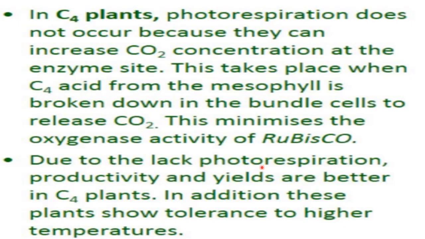Due to the lack of photorespiration, productivity and yield are better in C4 plants, because this wasteful process is not occurring in them. That's why productivity of C4 plants is better than C3 plants, right? In addition, these plants show tolerance to high temperature, which is also an advantageous point for increasing their yield.